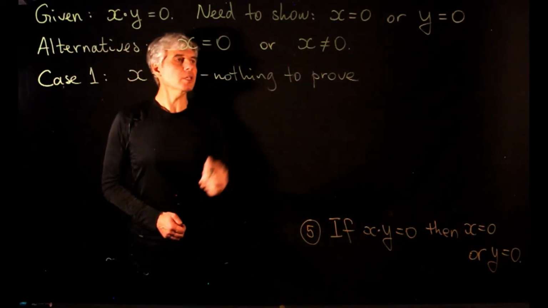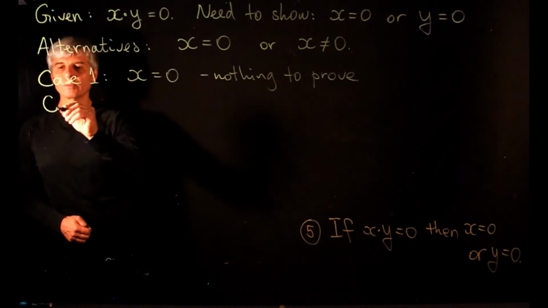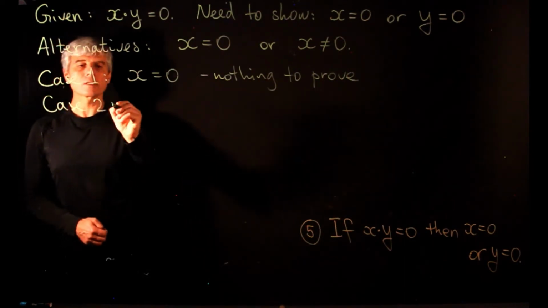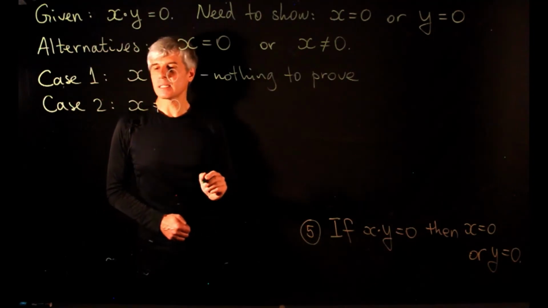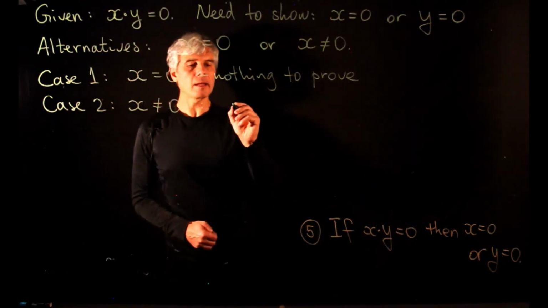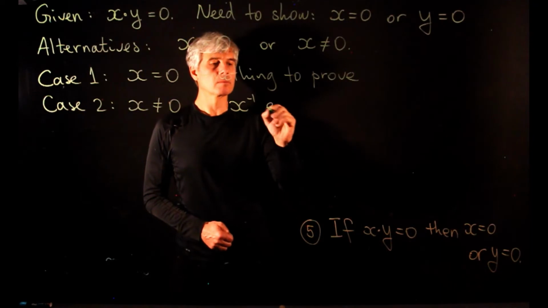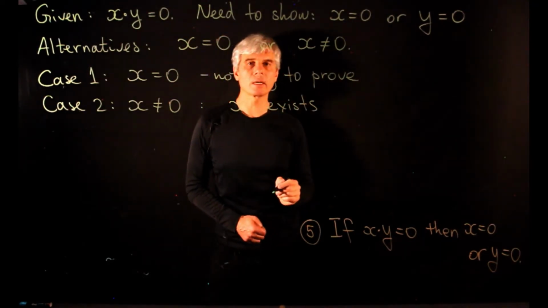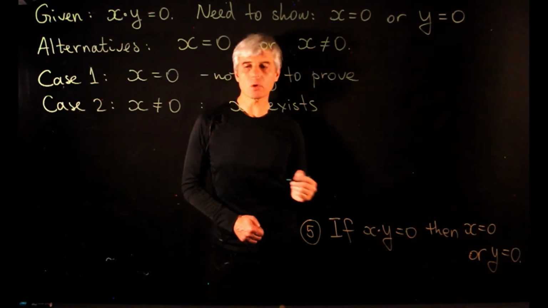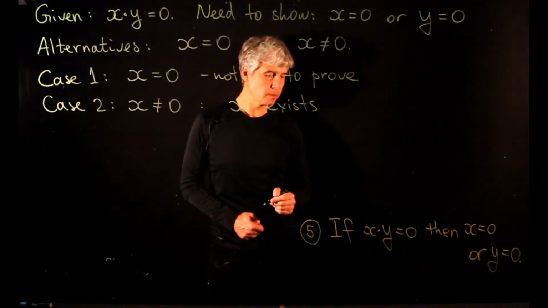And so we only have to consider case 2, when x is not equal to 0. But in this case, x inverse exists. So we know that in the field we can take a multiplicative inverse of every non-zero element.